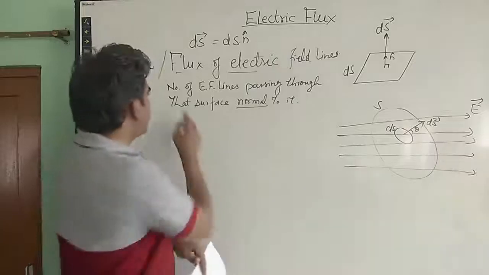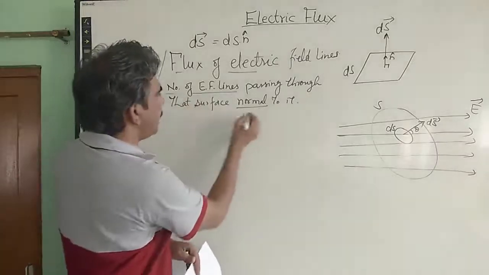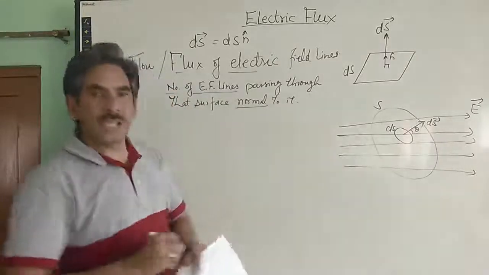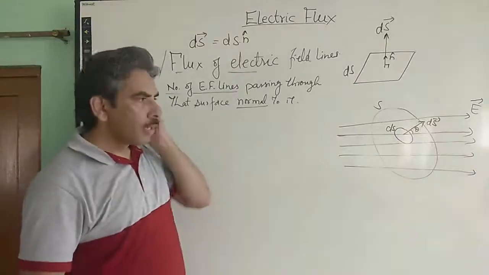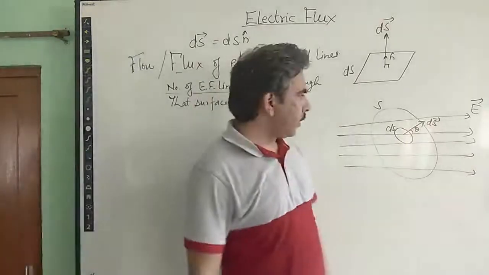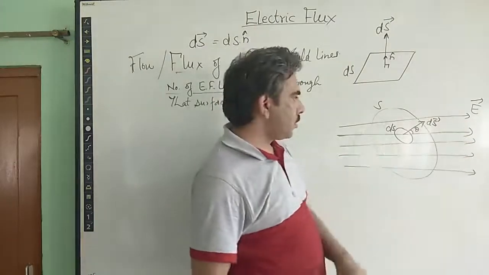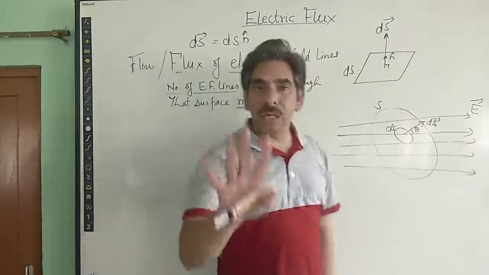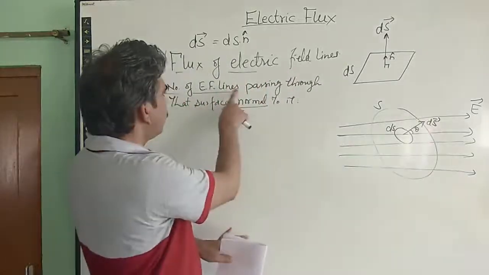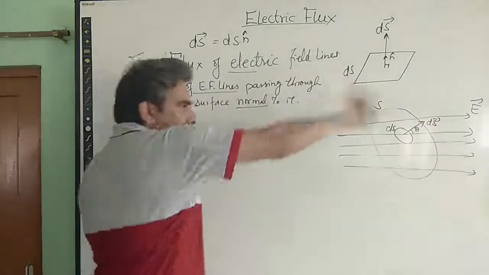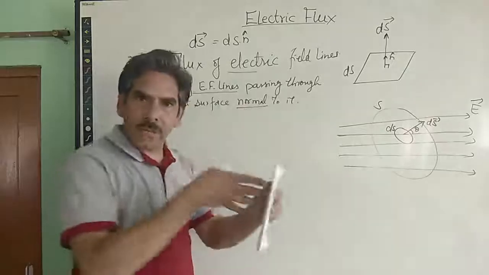Please focus on these two words. Number of electric field lines normal to the surface. So if this is the situation, this electric field is not normal to the surface. So we have to take only the number of field lines which are crossing the surface in a direction normal to the surface.